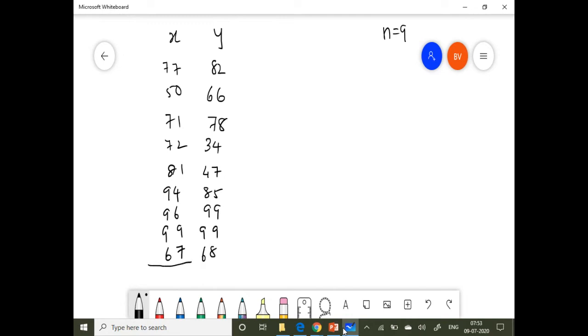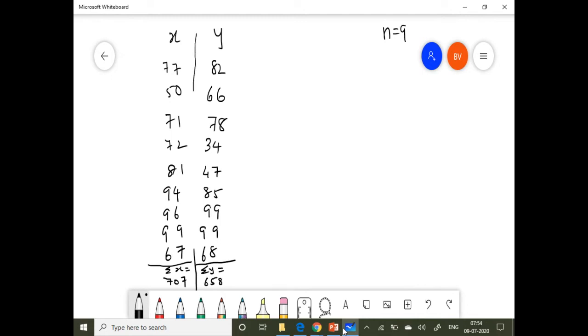Sum the values of x. This is summation x, which is equal to 707. And here, sum the values of all the y. Summation y is 658. Okay.